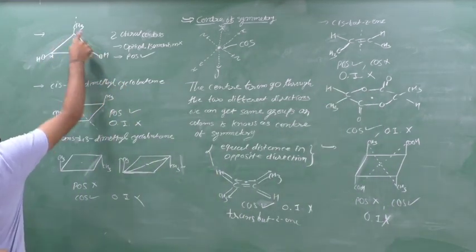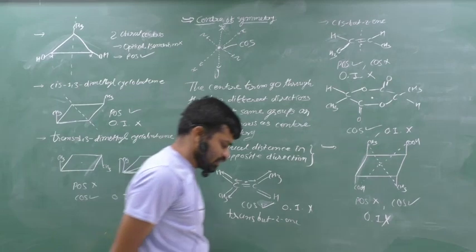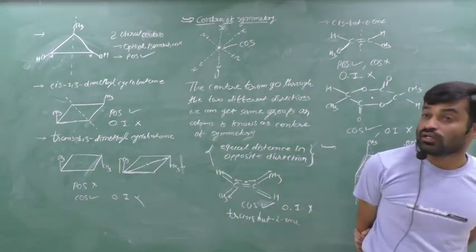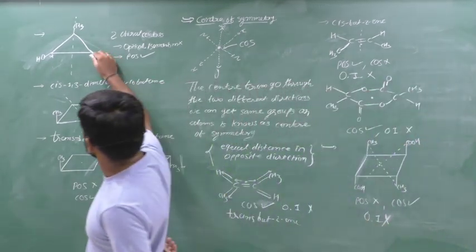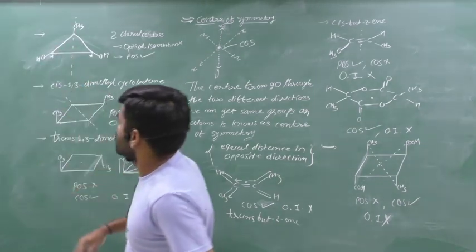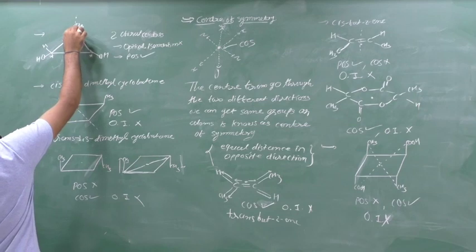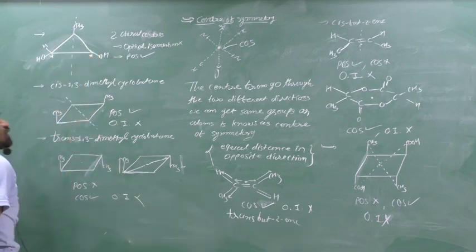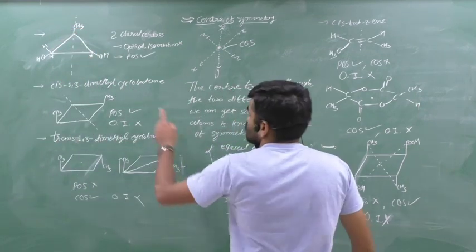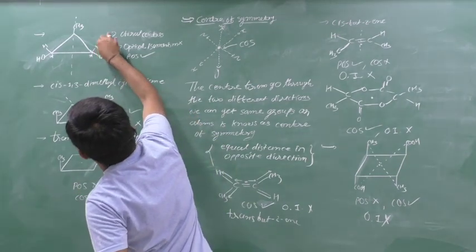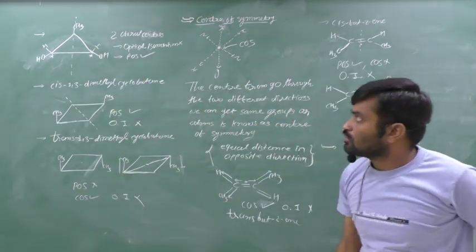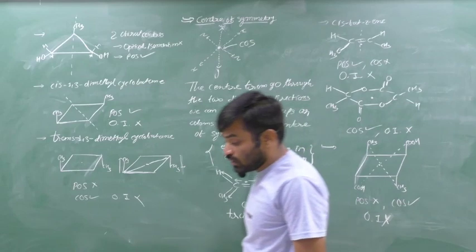Cyclopropane with OH, OH and CH3. If you think about the chiral carbons, this molecule has two chiral carbons. The first one is this and the second one is this. You can check, because OH, H, here CCH3 and here COH, means four different groups. Now this compound has two chiral centers, but it is optically inactive.